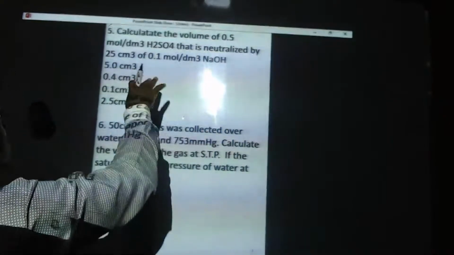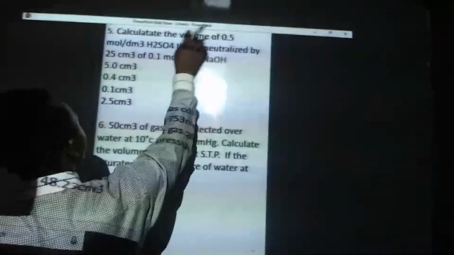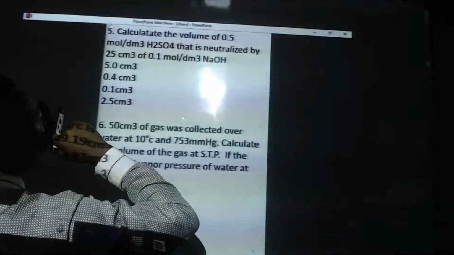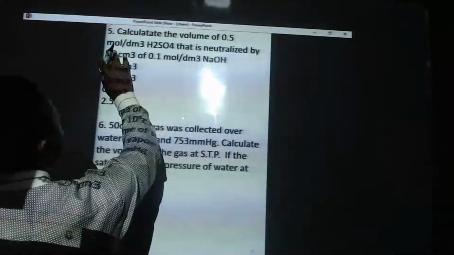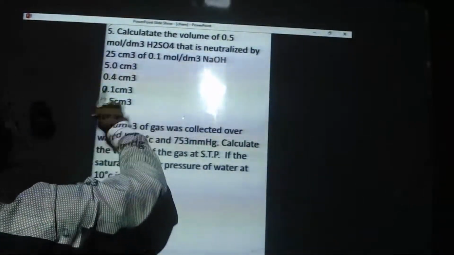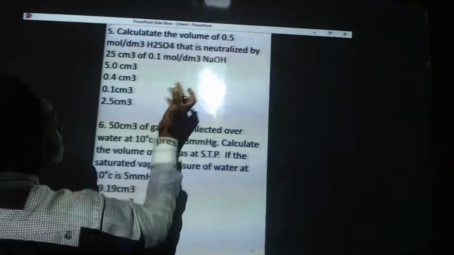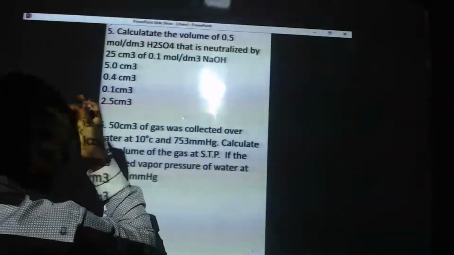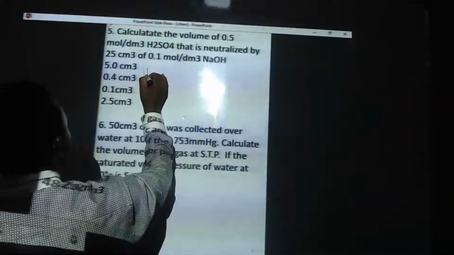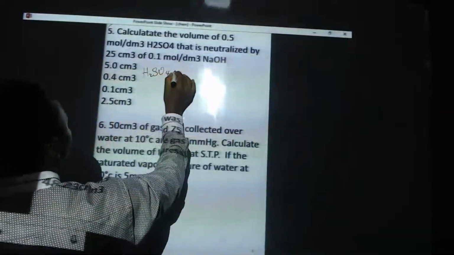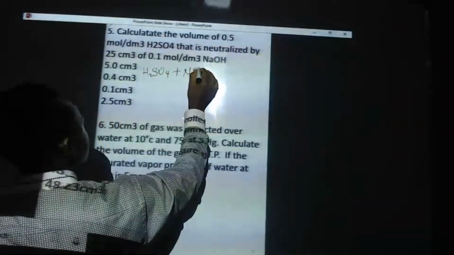Since you have been given this mole per dm cube, this is the molar concentration of this, and this is the volume of this one. So this is actually very easy. Now we are dealing with H2SO4 plus sodium hydroxide.